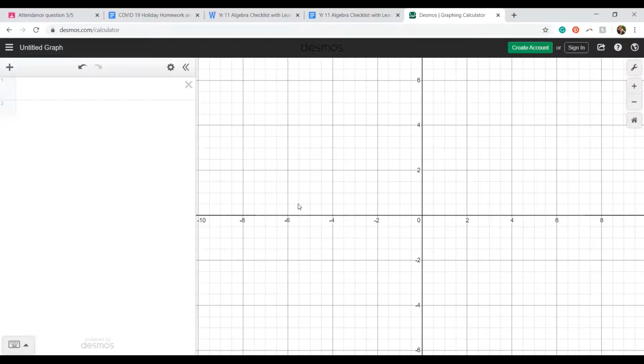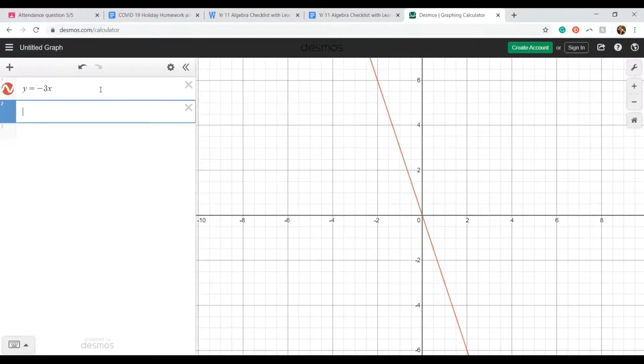Now, once you've got to this point, we're going to write down 2 equations. But the first one was y equals negative 3x. Enter. And that will plot a line for you.